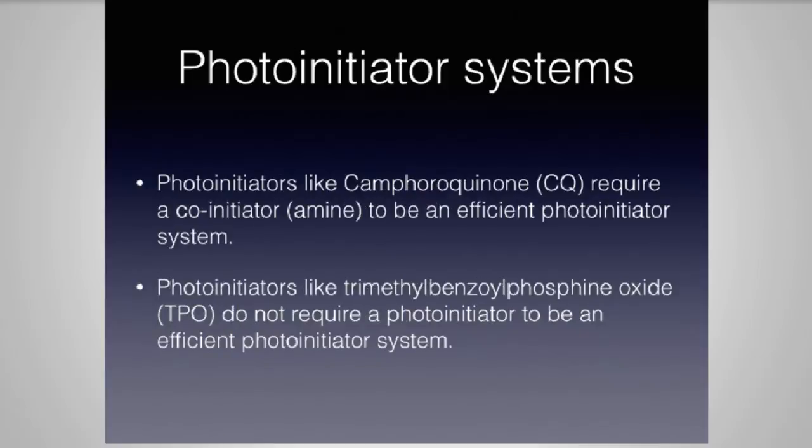Photoinitiator systems such as the camphoquinones require a co-initiator such as an amine to be an effective photoinitiator system. And then there are photoinitiators like the trimethylbenzoylphosphine, the TPOs, which do not require a co-initiator at all to be an efficient photoinitiator system.